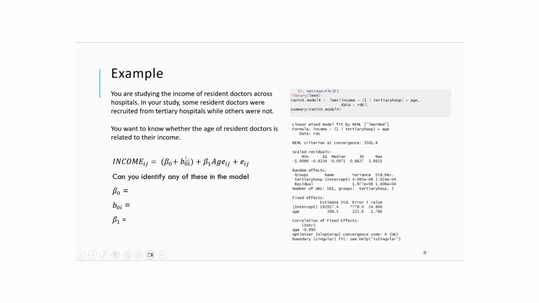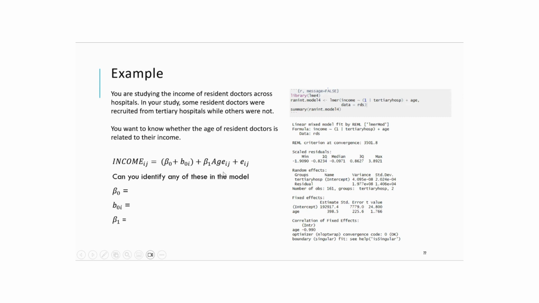But now we're saying that if you coded your tertiary hospital as 1 and your community hospital as 0, of course, your global mean would be your average of people who do not work in a tertiary hospital. And your B0I here would be the addition.